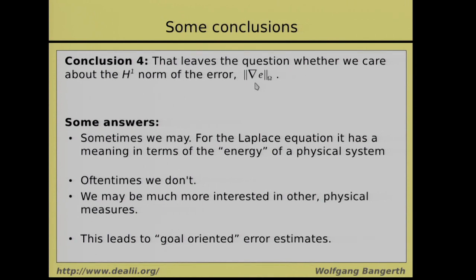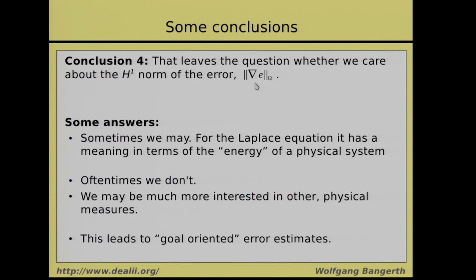So why do I want to derive error estimates where I say that the norm of the gradient of E is less than or equal to something? Sometimes we actually do care about this. For the Laplace equation, the gradient norm has the meaning of an energy. If you think about the Laplace equation as something that describes, let's say, the deflection of a membrane, then the energy that is stored in this membrane is proportional to the gradient of the displacement squared.